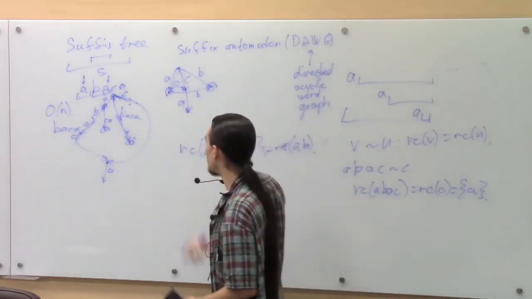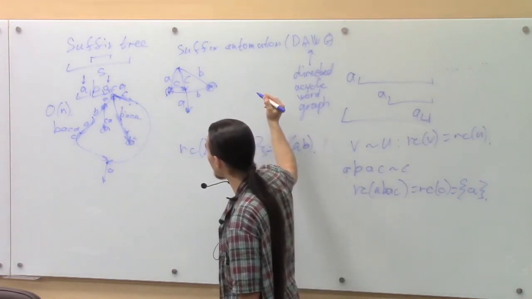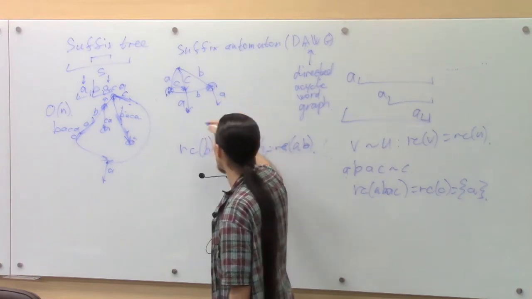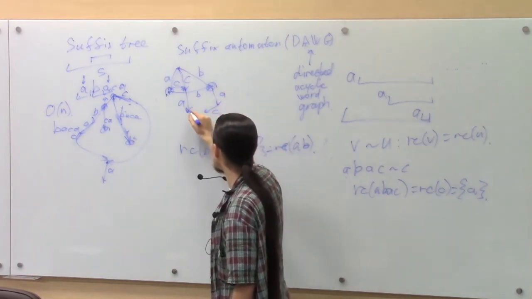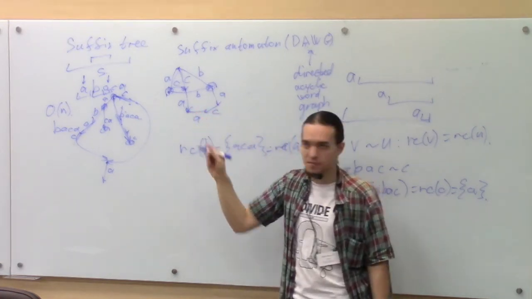Okay, so here is only the empty string. Now here we can go with A, and we will obtain right context CA, which never occurred before. We can also go with C, and then after we go with A, we arrive at the same last vertex.